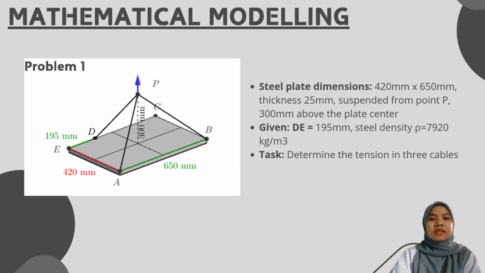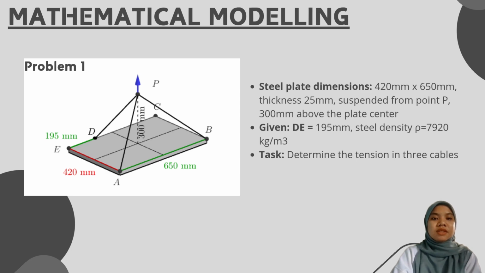Our first case study involved a steel plate measuring 420 mm by 650 mm with a thickness of 25 mm. This plate is suspended from a point 300 mm above its center.